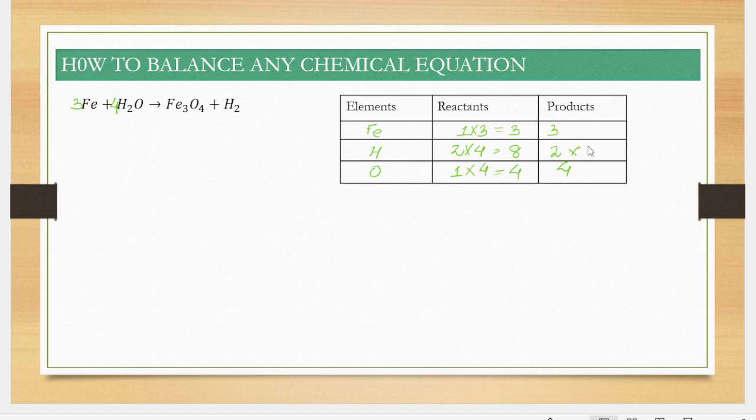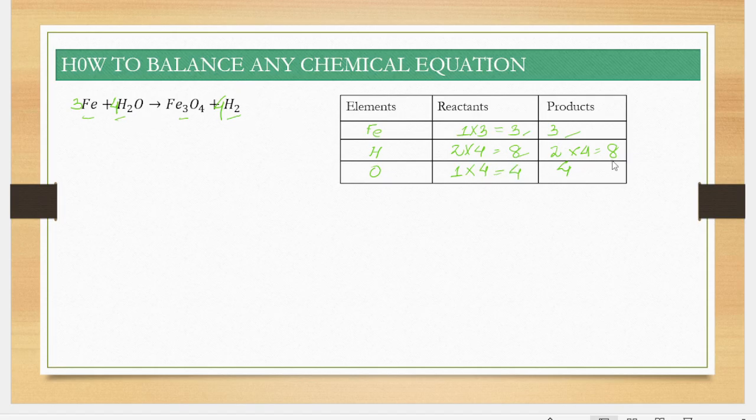We'll multiply with 4 both on the reactant and product side, so we'll write here 4. Now you see, it is balanced. On the reactant part iron is 3, on the product iron 3. Hydrogen 8 on the reactant side, 8 on the product side.